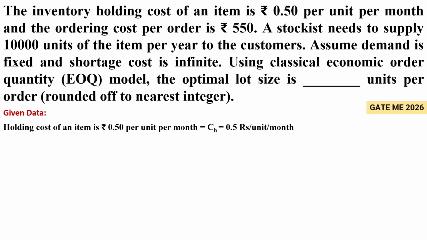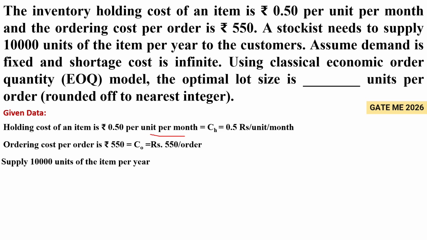So first I have to write down the given data. Here the holding cost of an item is given as 0.5 rupees per unit per month. So CH equals 0.5 rupees per unit per month. Next, the ordering cost is given as 550 rupees per order, so C0 equals 550 per order.